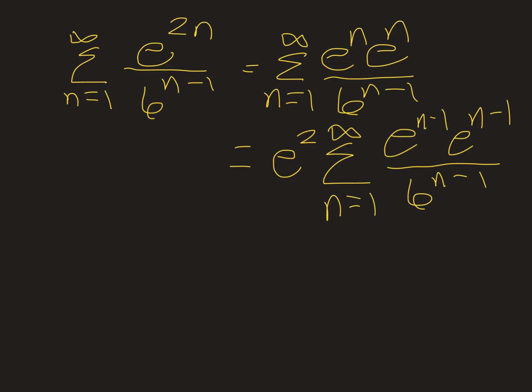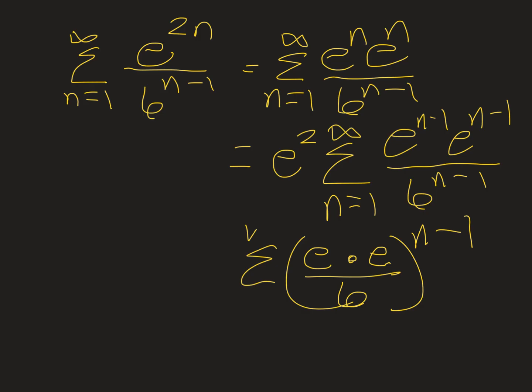And so now that means we can write this as e times (e over 6) to the n minus 1, because they all have the same exponent, right?